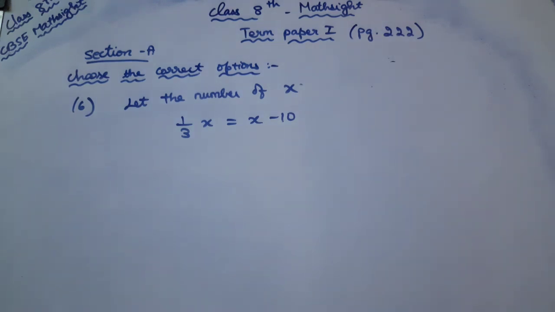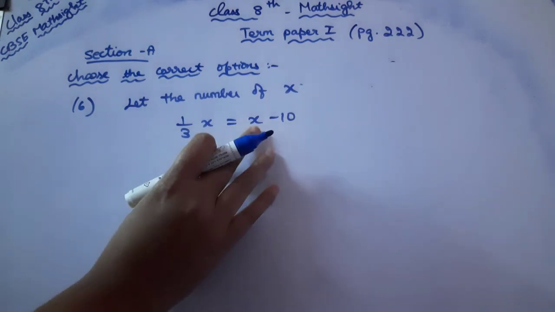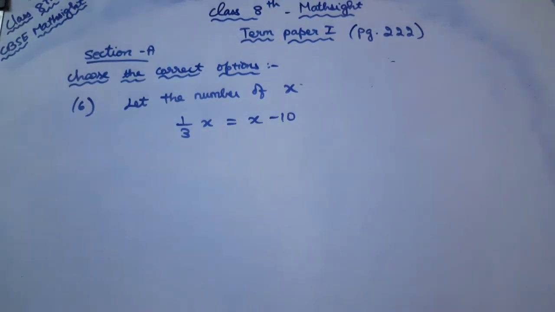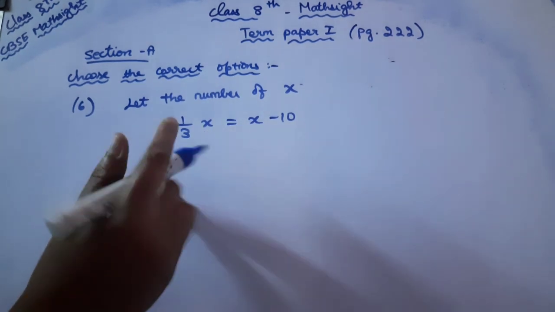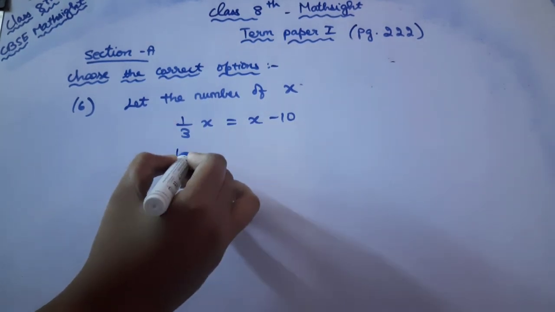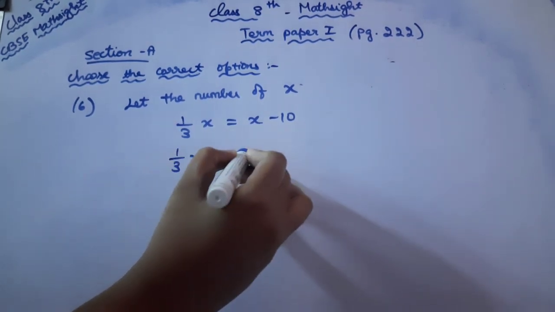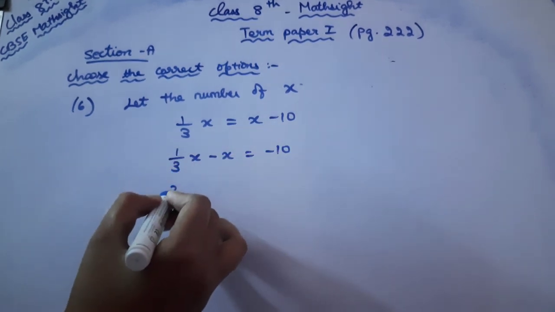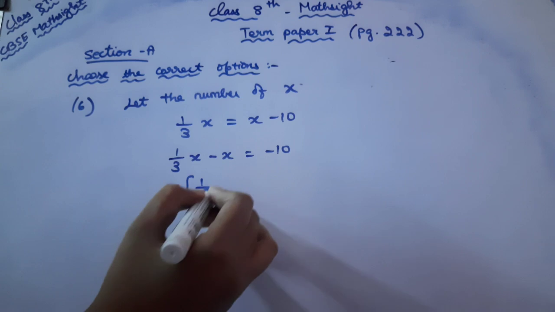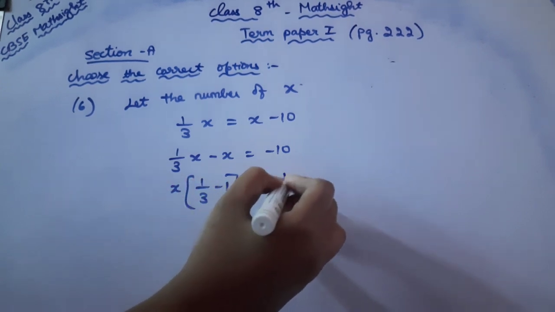In order to find the value of x, we take all the x values to the same side. Here we have x, which we take to the other side, where it becomes minus x. So 1 by 3 x minus x is equal to minus 10. We can take x outside, so the remaining will be 1 by 3 minus 1 equal to minus 10.